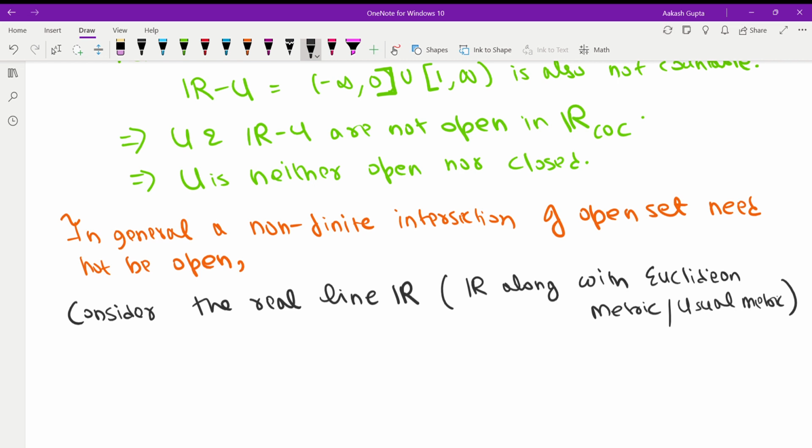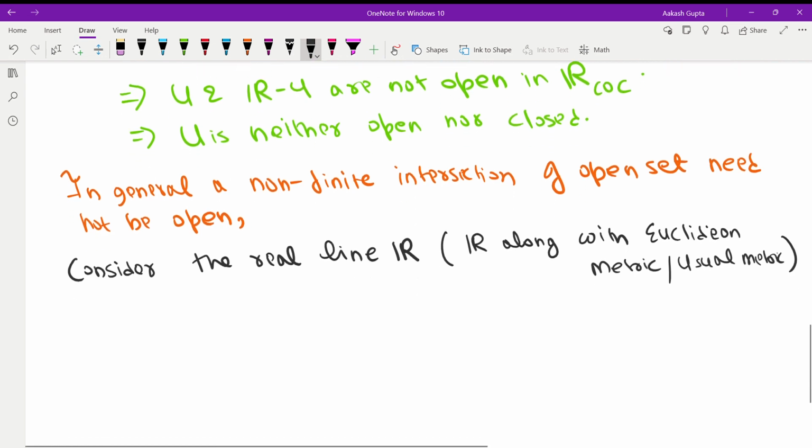So whenever it is written somewhere, let R be the real line, you should know which topology it has. So the real line comes with this topology. Of course you haven't learned these things in 12th class, because you don't know the concept of topology, but you might have used the word real line many times till 12th class. But that is what real line means. It's not just the real numbers. It comes with the usual topology, the Euclidean topology.